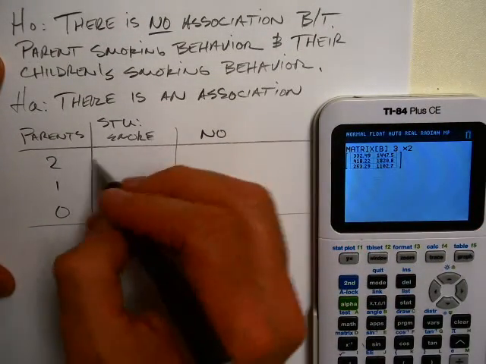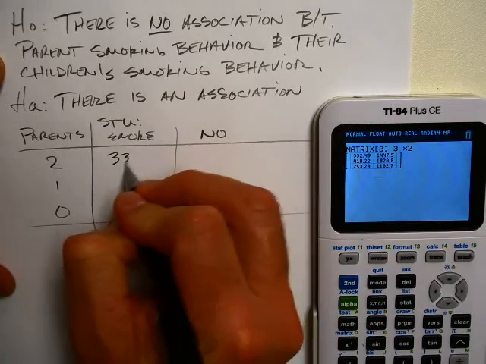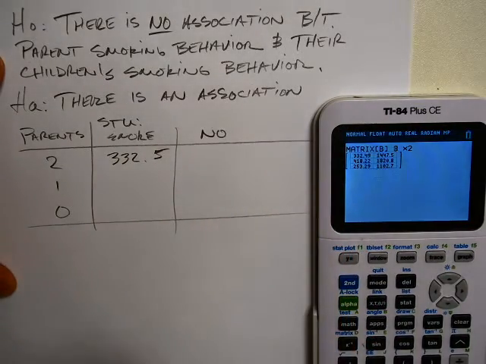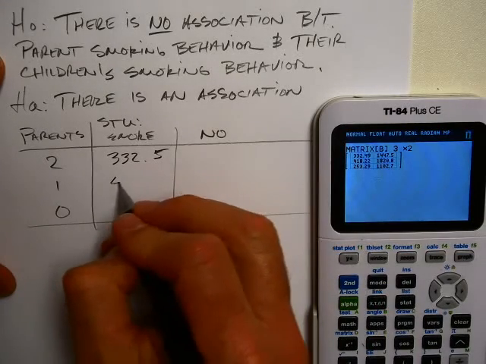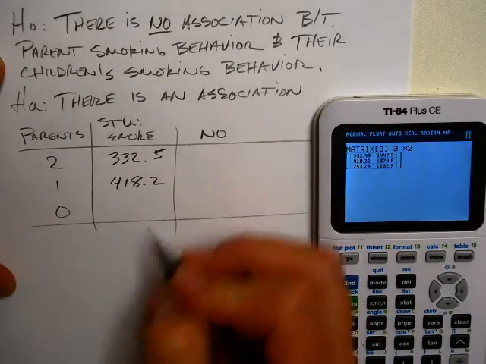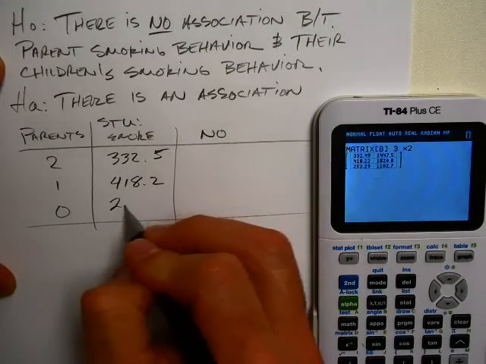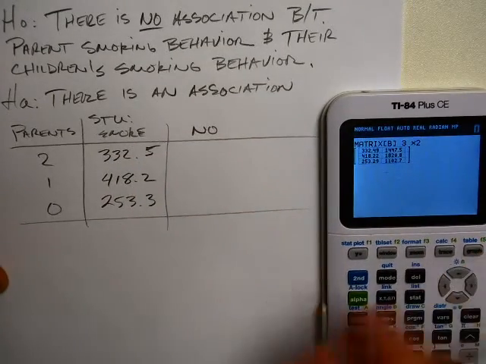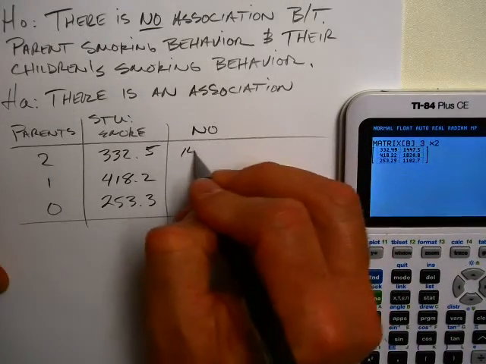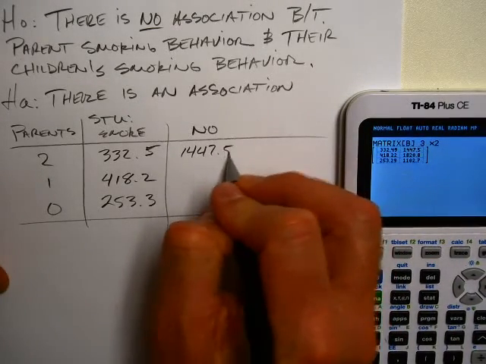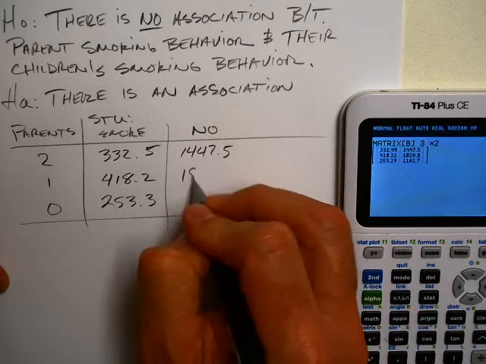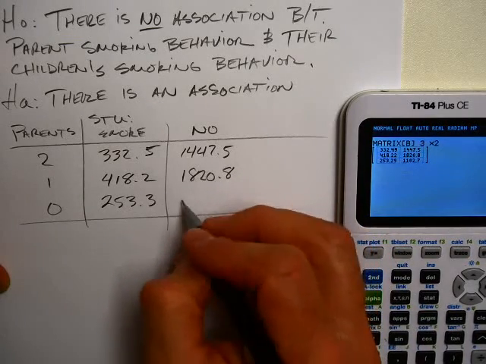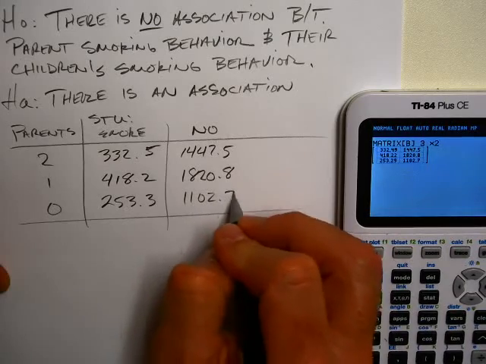So I've got about 332.5. You can do a little rounding. I think that's just fine. And 418.2 and 253.3 and 1447.5, 1820.8, and 1102.7.